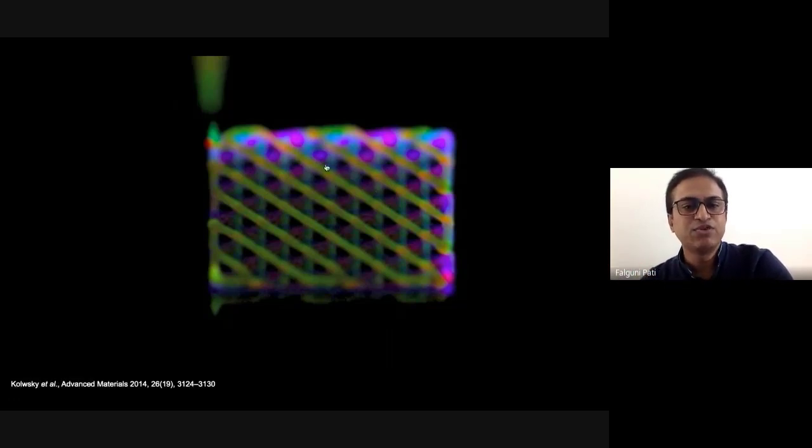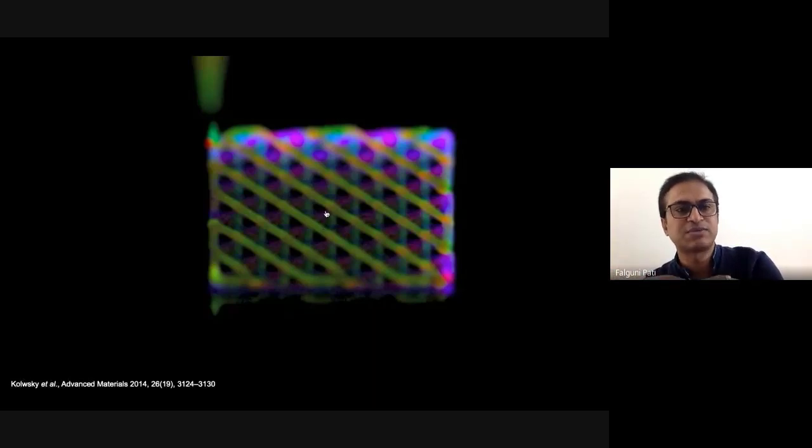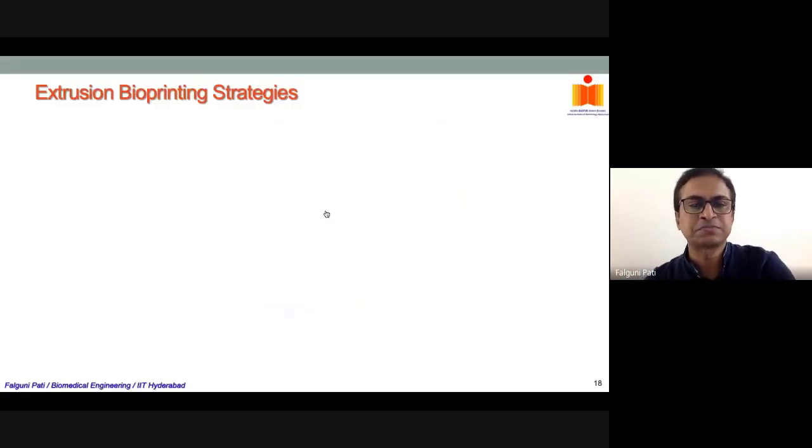If the porosity is there, then the media can perfuse or diffuse through this porous structure, and the cells present here can get nutrition or oxygen by diffusion. If the porous structure is not there, the media can reach inside the structure only to a certain extent, because diffusion cannot work for a very deep structure. So that's why the porous structure is mostly created.